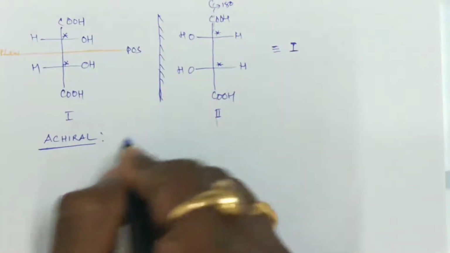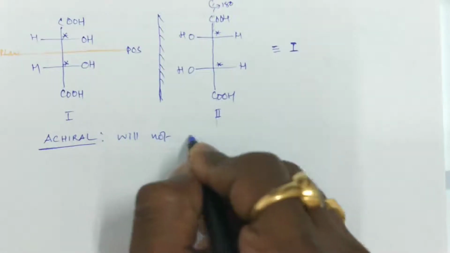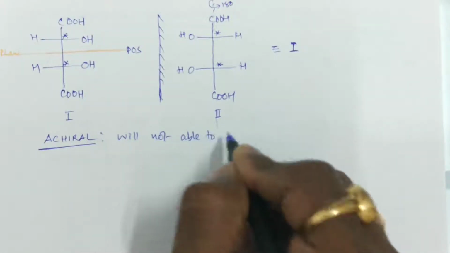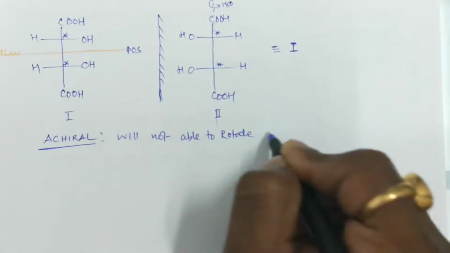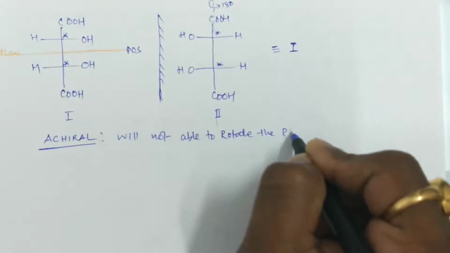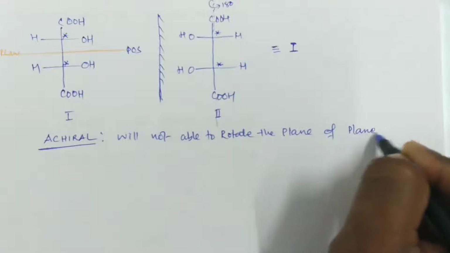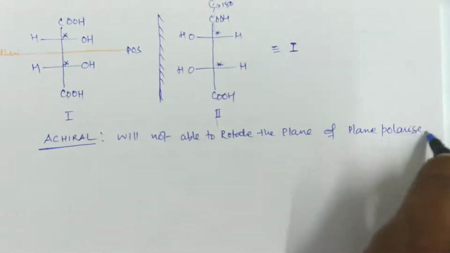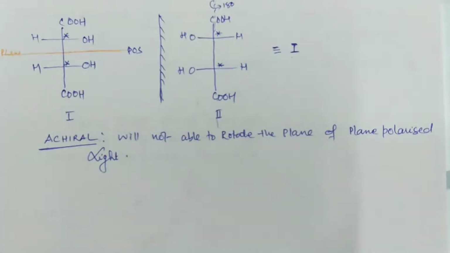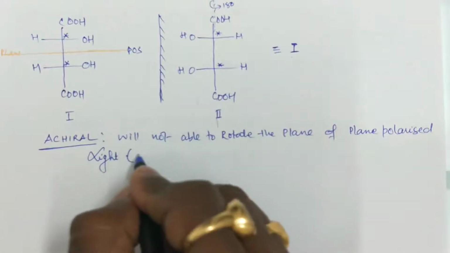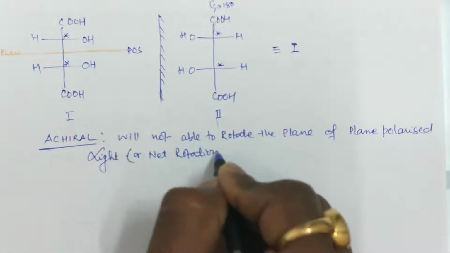Achiral means not able to rotate the plane of plane polarized light, or the net rotation is 0.